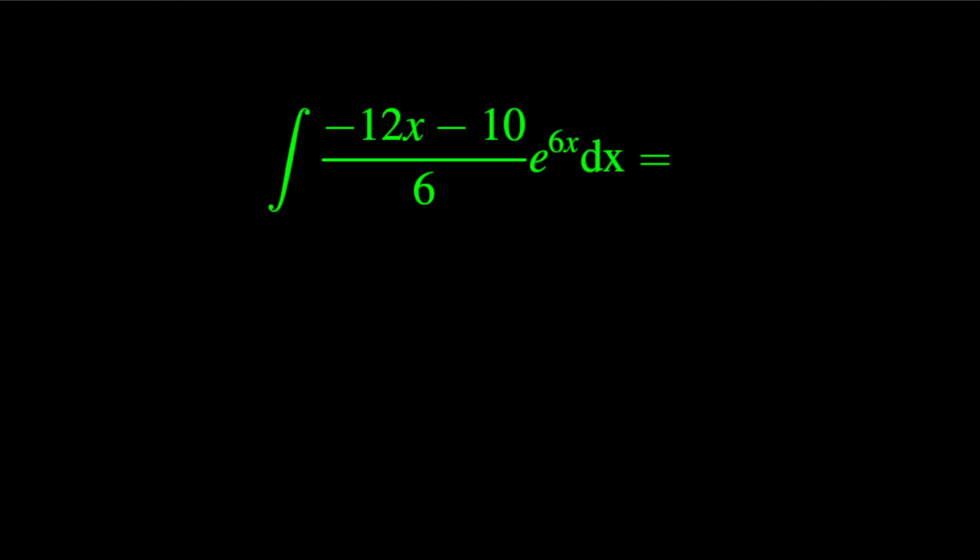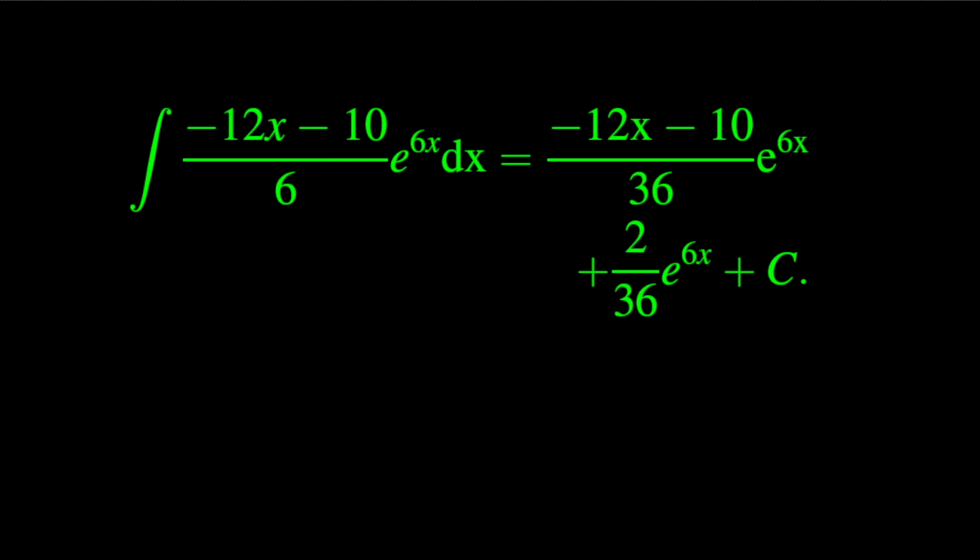In sum, the integral of minus 12x minus 10 over 6 times exponential of 6x dx is equal to minus 12x minus 10 over 36 times exponential of 6x plus 2 over 36 times exponential of 6x plus a constant c.